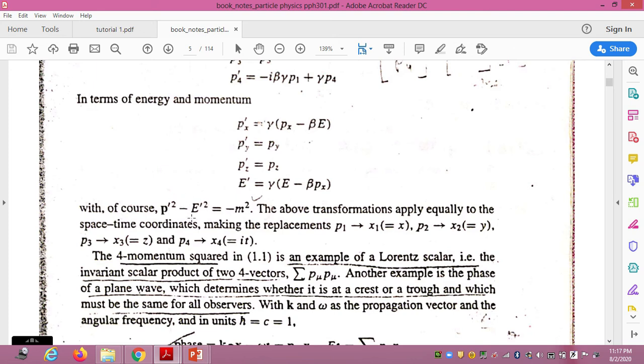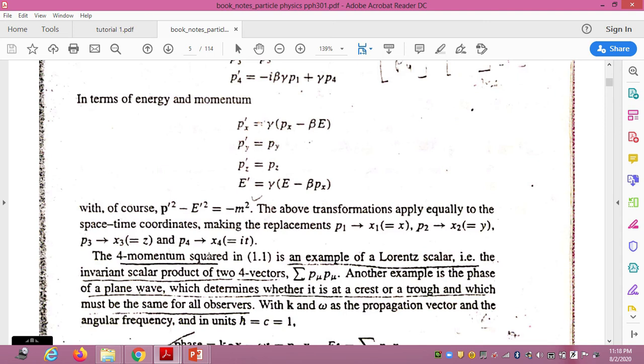That means p prime square minus e prime square is equal to minus m square, which is what we wanted, right? We wanted the transformation to be such that the fundamental parameters or equations do not change. They remain relativistically invariant. So here also p prime square minus e prime square comes out to be minus m square. So the above transformation applies equally to the space-time coordinates if we make the replacement from P1, P2, P3 to X, Y, Z and P4 to the time.